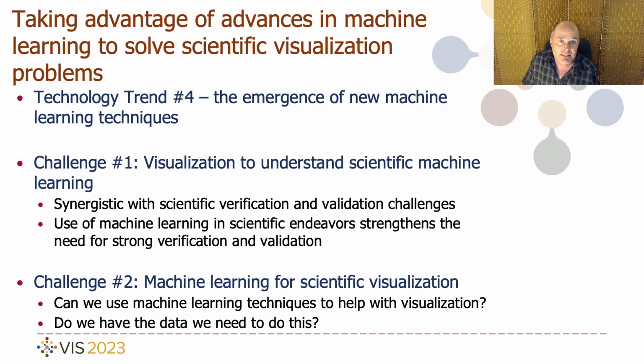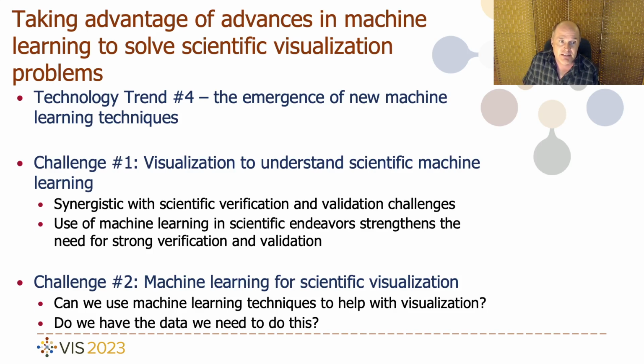Finally, another technology trend is the emergence of new successful machine learning techniques. And again, we'd like to understand how we can take advantage of these advances in machine learning to solve scientific visualization problems. The first challenge is visualization for understanding scientific machine learning. This is important because as machine learning is used in scientific endeavors, it strengthens the need for strong verification and validation of the scientific results.